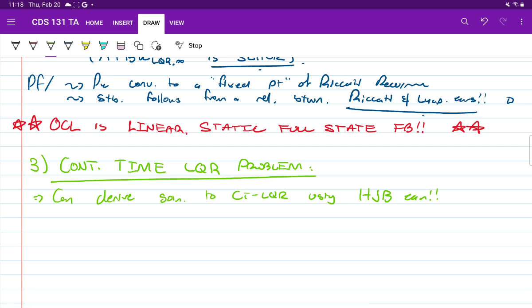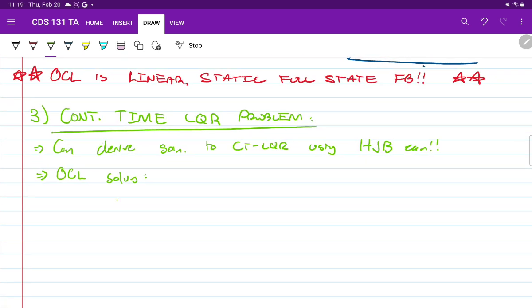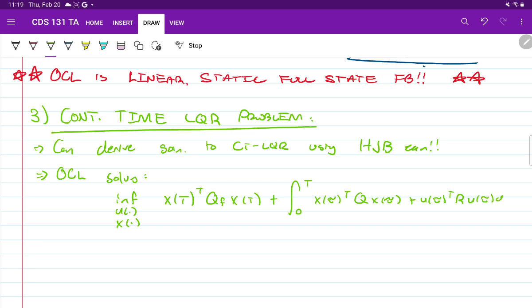So what you'll find is that the optimal control law solving your continuous time problem, which is the infimum over u and x of x(T) transpose Q_f x(T) plus the integral from 0 until time T of x(tau) transpose Q x(tau) plus u(tau) transpose R u(tau) d tau, subject to x dot of t equals A x(t) plus B u(t).